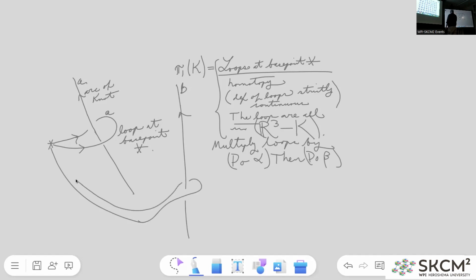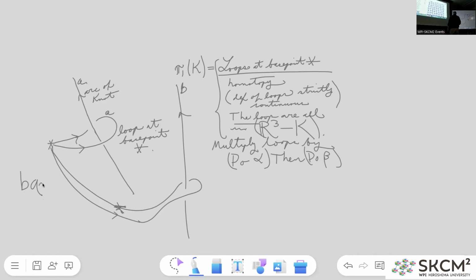Of course, you could go around any number of times, but I'm just going around once, right? So I go around the other arc of the knot, which is somewhere over there. And then to do them together, let's say I wanted to do B first and then A. So then I would go along B. Going along B, I go back to base point, then I go along A, and that's BA. Do this, and then do that, all right?